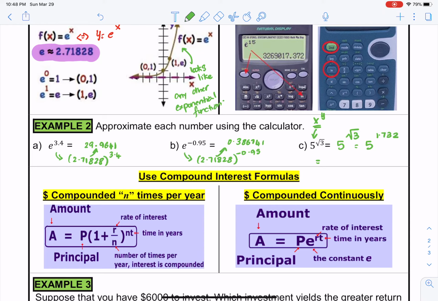In our case, x would be 5, and the exponent would be the square root of 3. So if I plug this in the calculator, I get 16.2425.